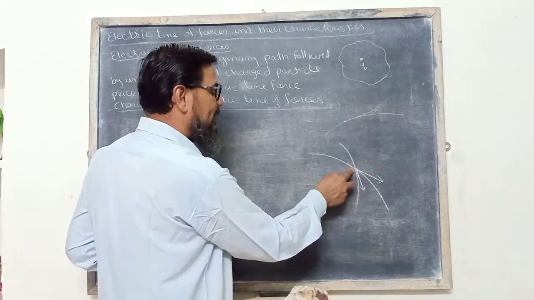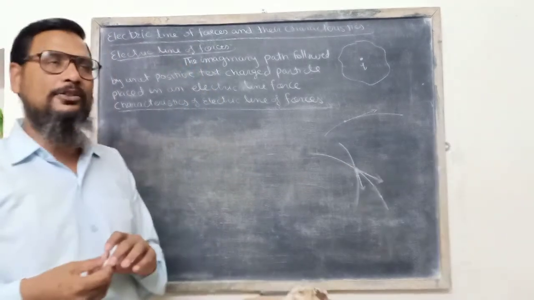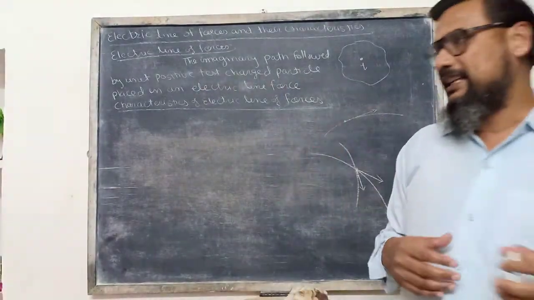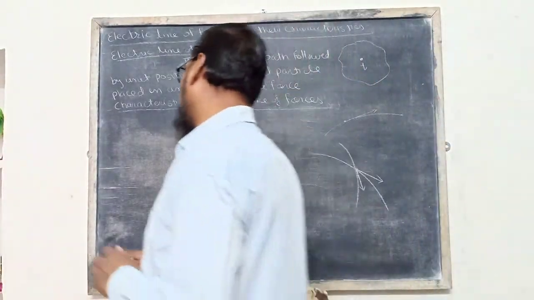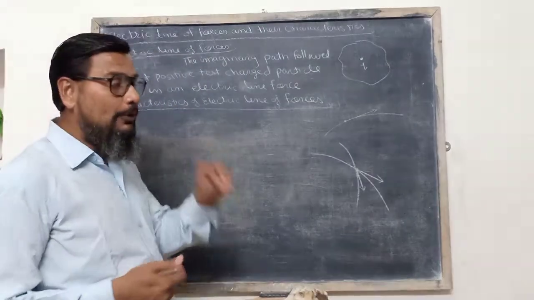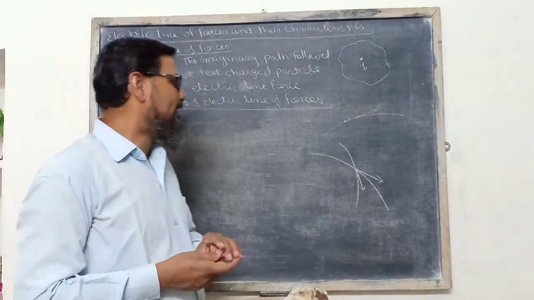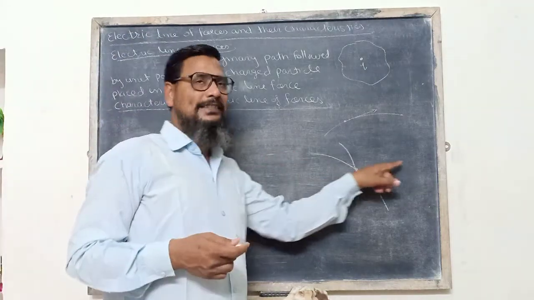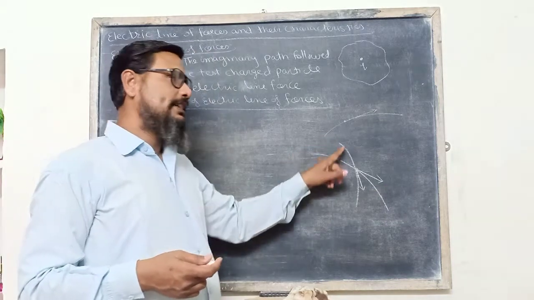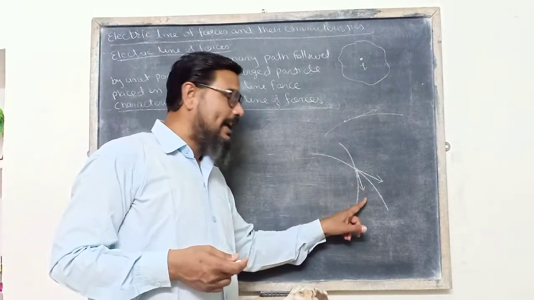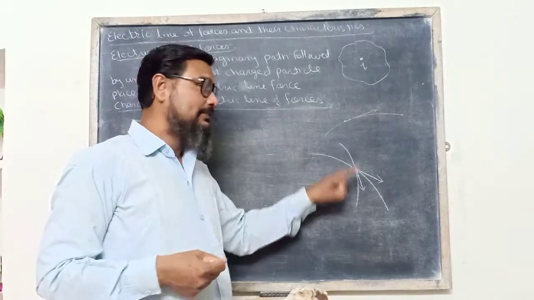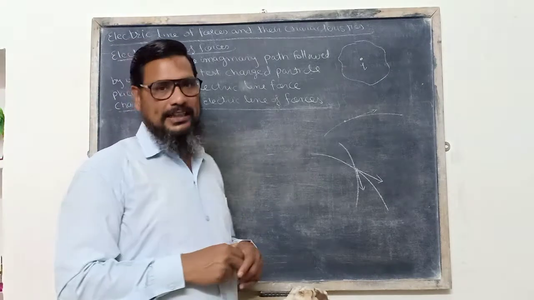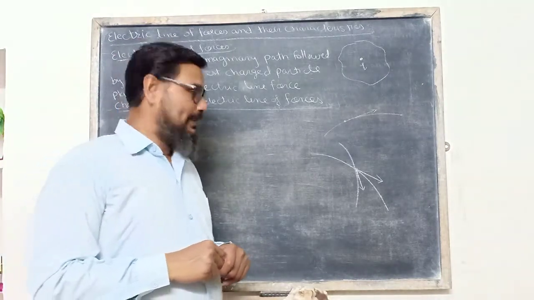It means at a single point there are two separate electric line of forces, and we know that the direction of electric field shows the direction of motion of a charged particle at that point. That means a single charged particle cannot move along two different directions, so electric line of forces never cross each other, and never have two separate directions at a single point.